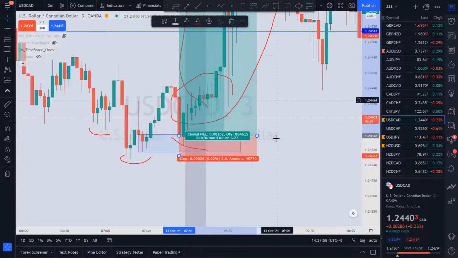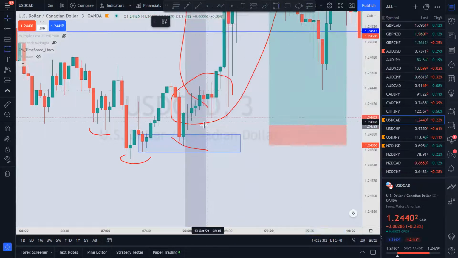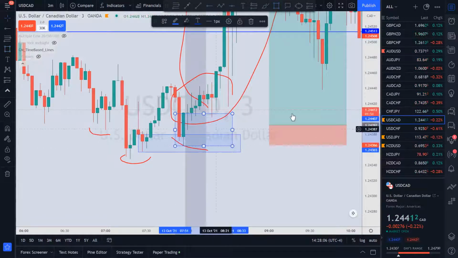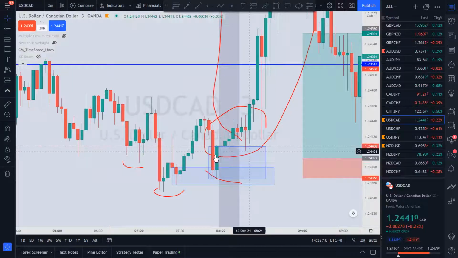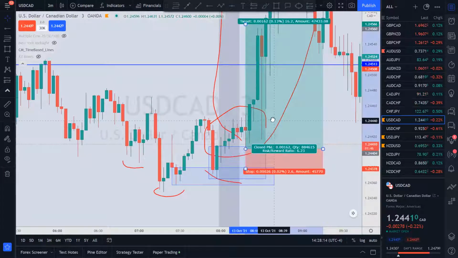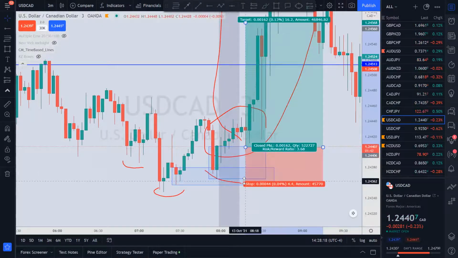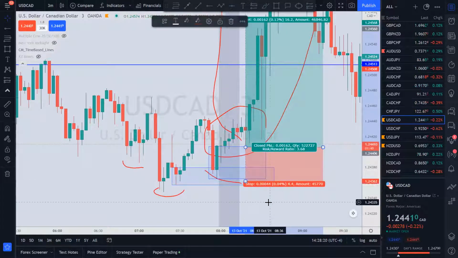However, I will note this is your bullish 3-minute order block, and it did come back for a retest. You could have got in here, and your stop loss would have been 4.4 pips.